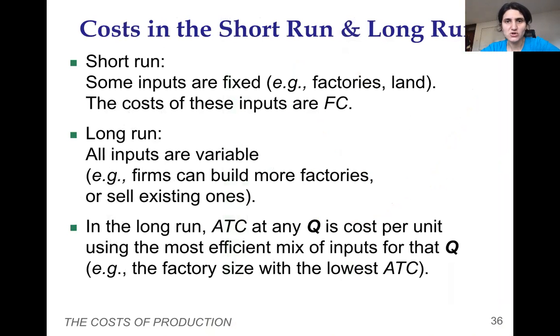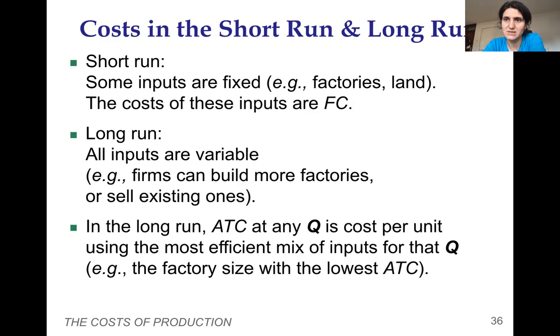The difference between short run and long run is this. In the short run, there are some inputs that are fixed, like capital. But in the long run, all inputs are variable, we are assuming. And also there's another difference: in the short run, firms cannot enter the market, but in the long run, they can enter.